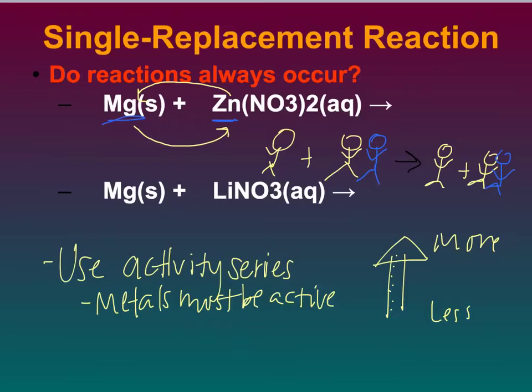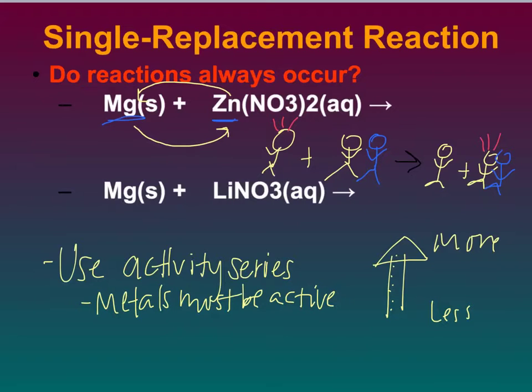Now let's say we'll say spiky hair is boy 1, bald one is boy 2. Now, in order for this reaction to occur, in order for this boy to switch places and to kick him out, this single boy has to be more active. So think about, this boy needs to really want to be in that relationship to kick this one out.